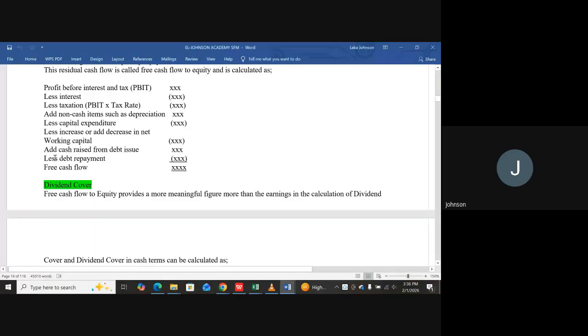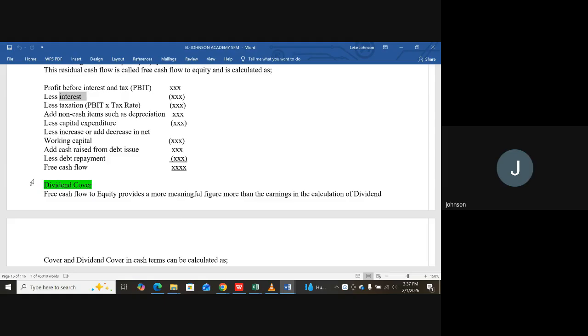Then we less the debt that we have repaid. Remember, it's because we raised a debt instrument that we are paying them interest in the first place. Because we borrowed money from them, that is why we are paying interest. So you add your cash raised from the debt issued, and you less debt repayment.